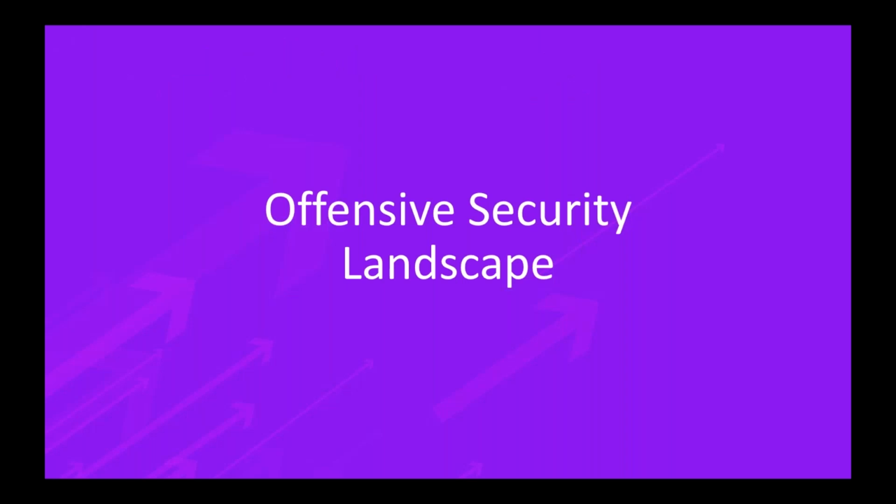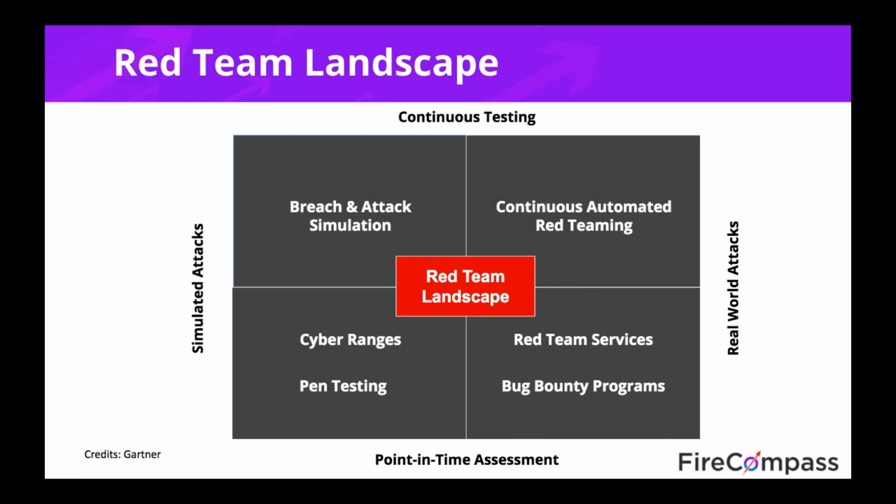And so now let's look at the offensive security landscape. So obviously, if we have to secure ourselves, we need to do what the adversary is doing. So the idea is that you should hack yourself before others do.